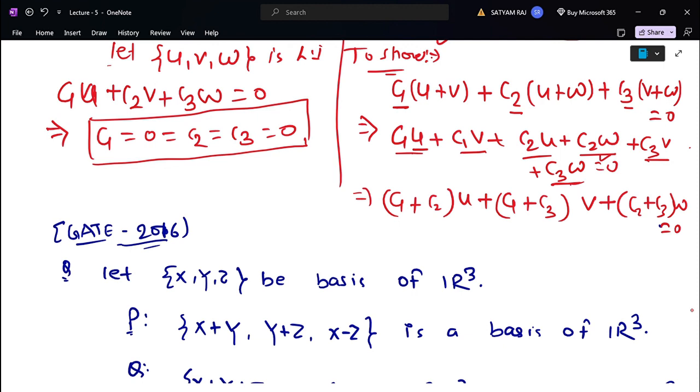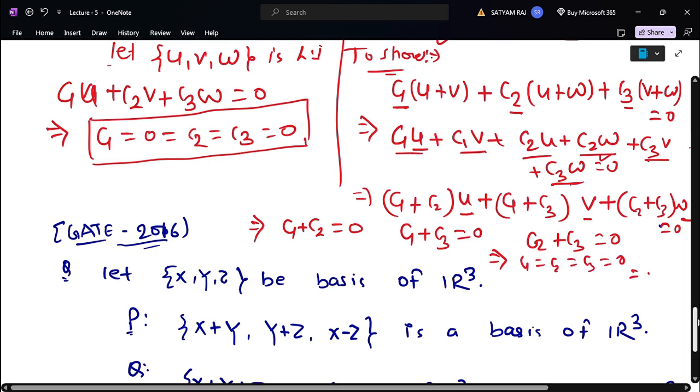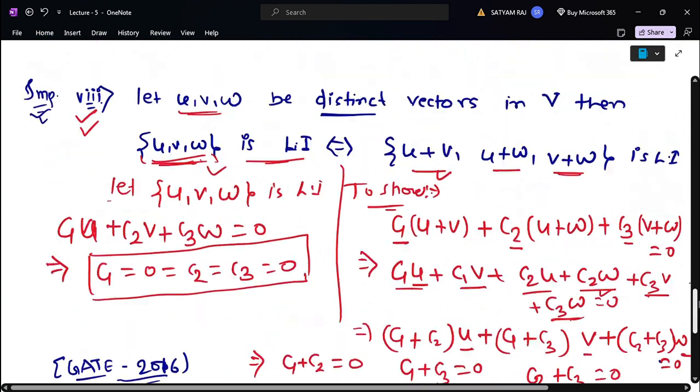Now we know that u v w are linearly independent. What does this mean? That c1 plus c2 is 0, c1 plus c3 is 0, and c2 plus c3 is 0. If we solve these three equations, we will get c1 equal to c2 equal to c3 equal to 0. Okay, the other way, please try.